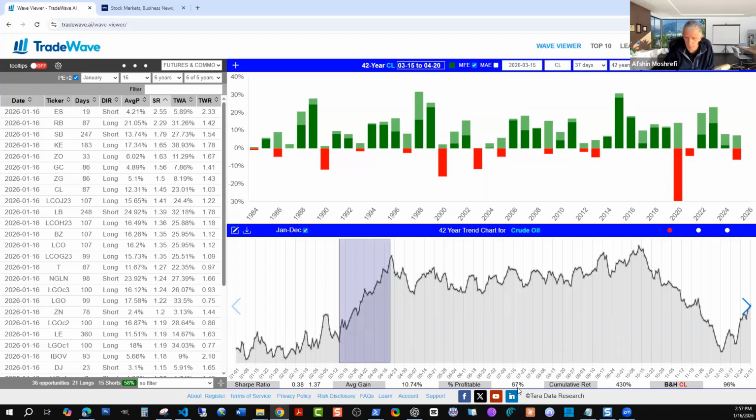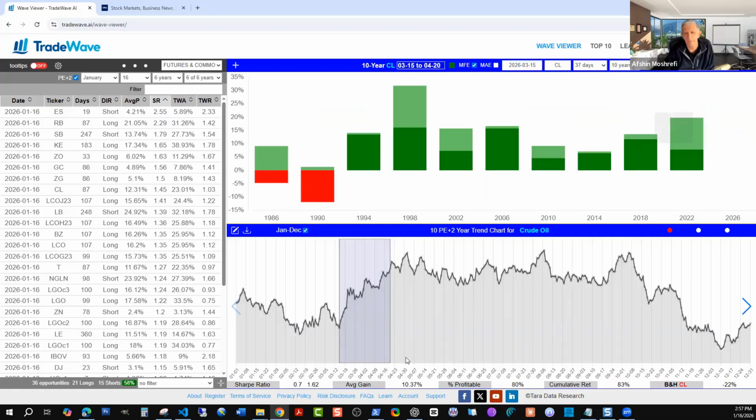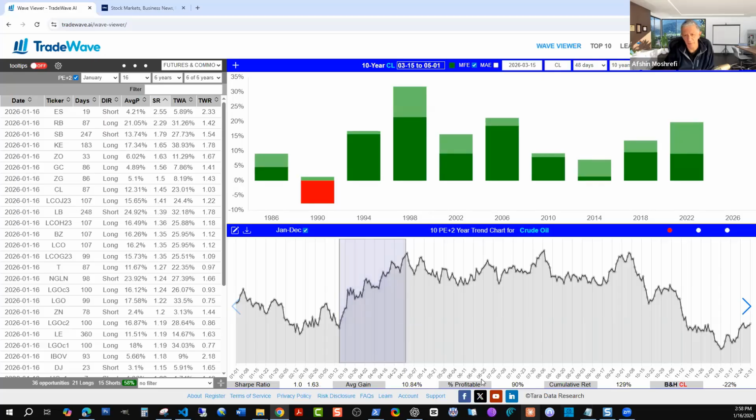However, the percent profitable drops to 67% versus much better we had, 80% here. 90% when I moved to this peak right there. It's only failed in 1990. 15th on 501. It's a big move.